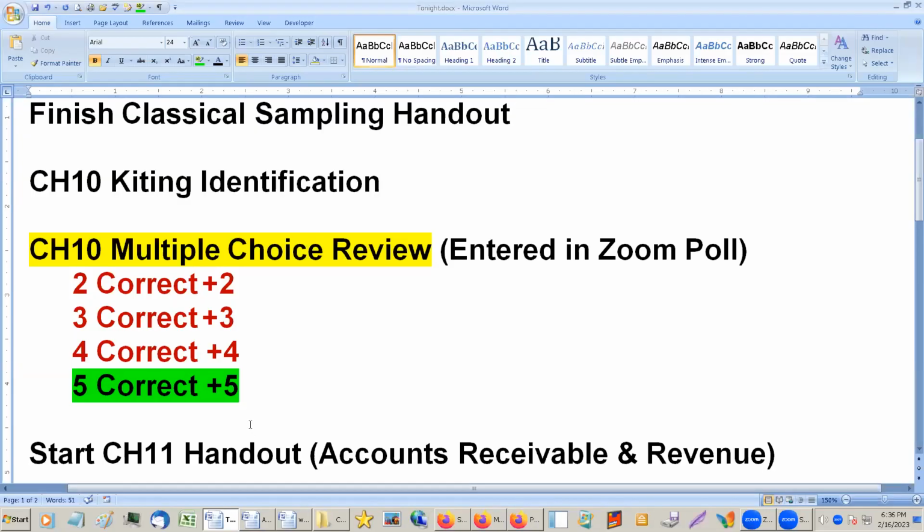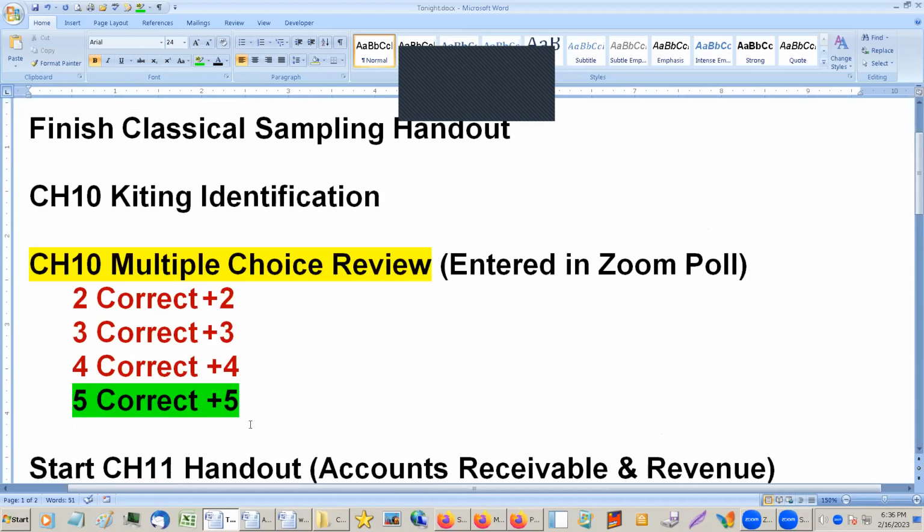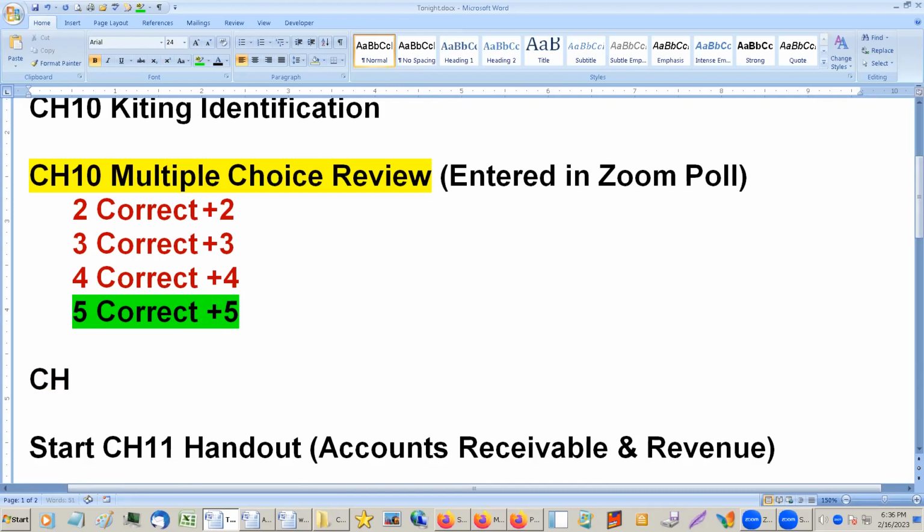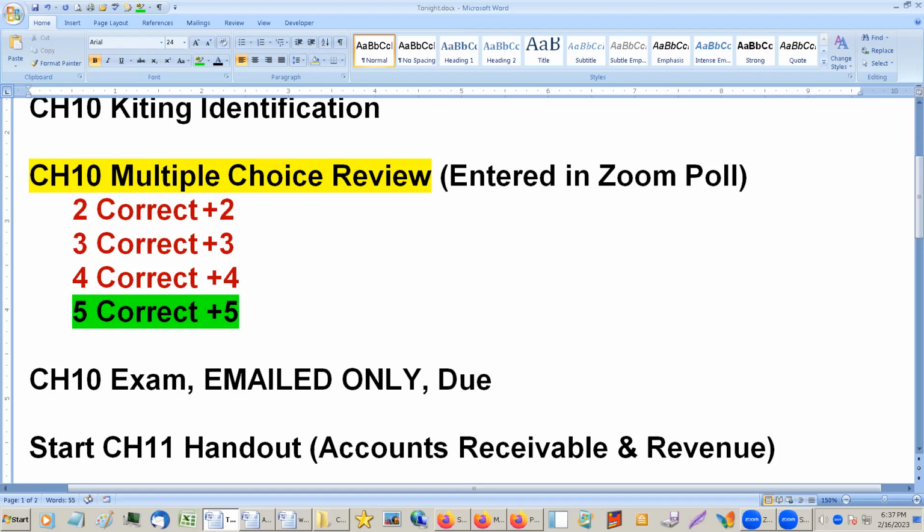I'm going to send out the chapter 10 exam. It'll be due a week from, I didn't put it on here. The chapter 10 exam will be emailed, and it will be due on 2-24, Friday, a week from tomorrow.